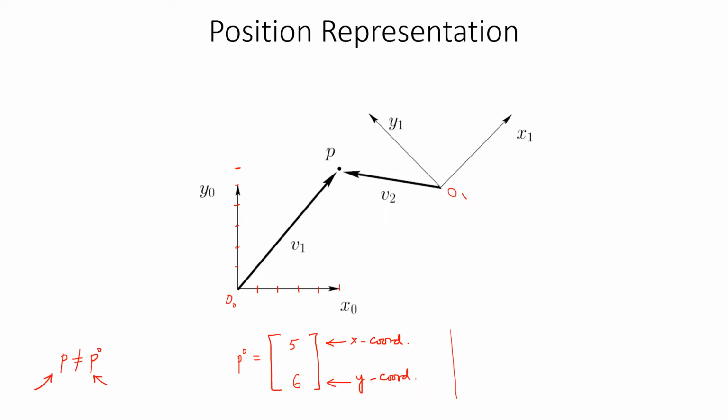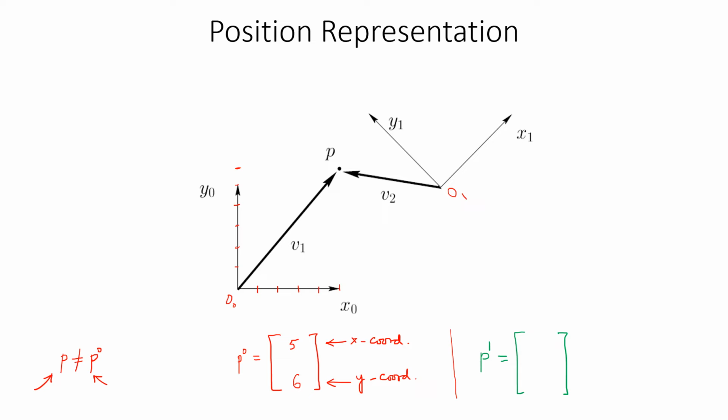Let me use a different color. So P1 is the location of the same point P in the first frame, equal to a vector once again, but now this vector corresponds to the x1 and y1 directions.